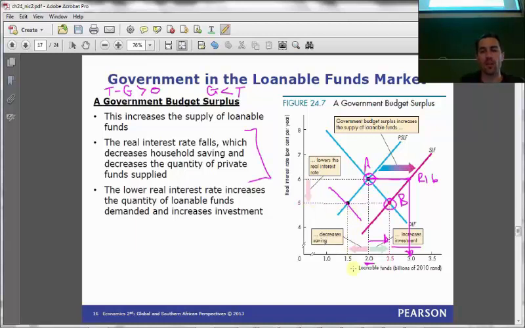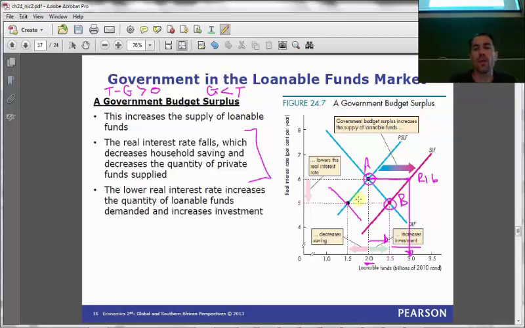We would just have a different quantity of loanable funds. And whether the demand curve shifts or the supply curve shifts just depends on what you assume the government is doing with its surplus funds, or what you assume about how it finances its spending generally.